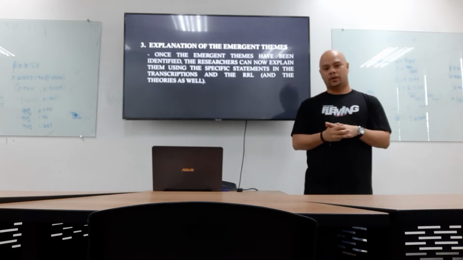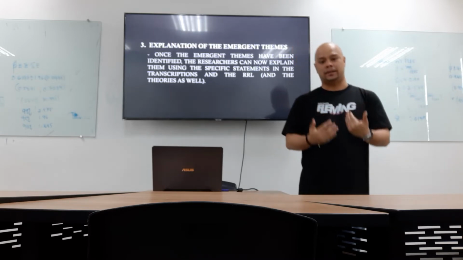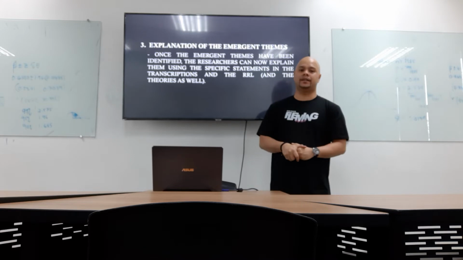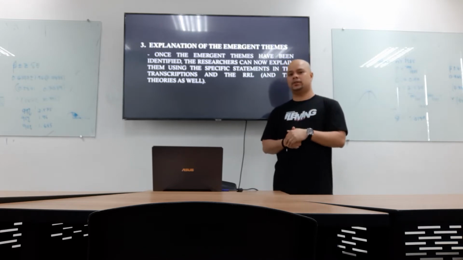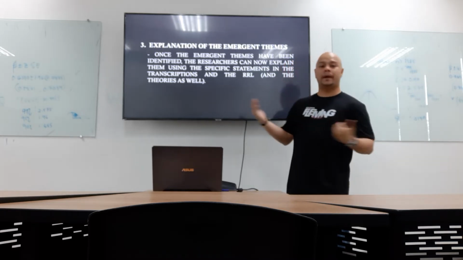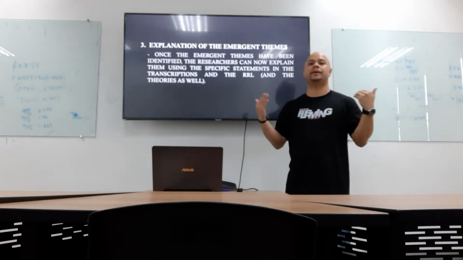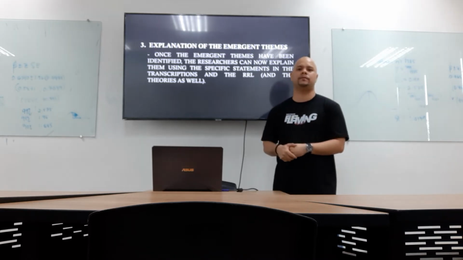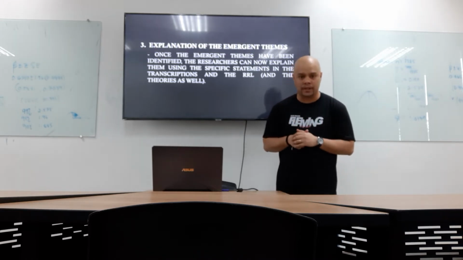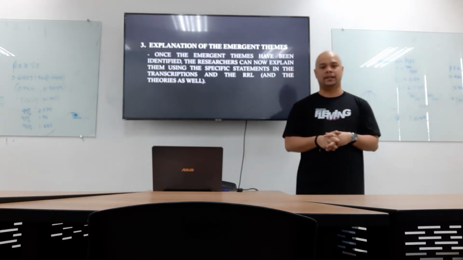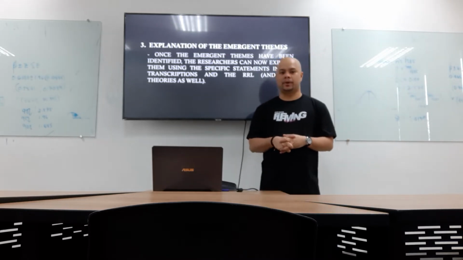Second, you are also going to support those statements using your related literature. And third, you are going to deepen the discussion and help explain the perception or behavior of your participant using the theories that you have identified in chapter number 1.